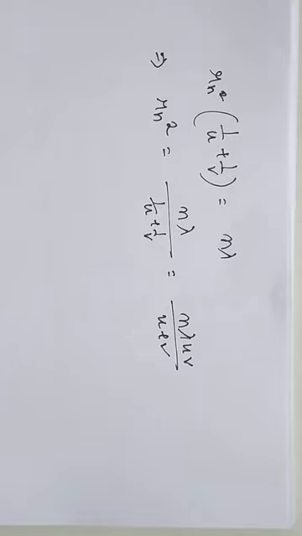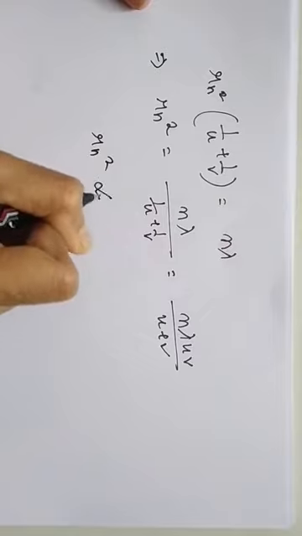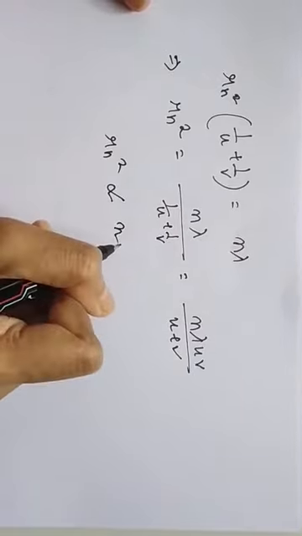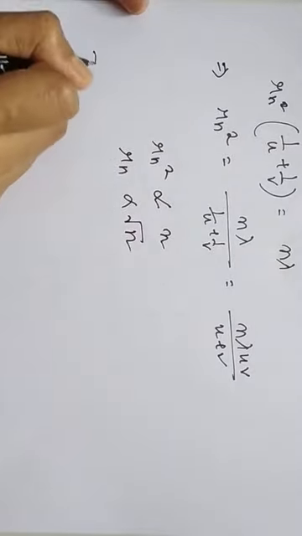Since u, v and lambda are constant for a given light, for a fixed object and fixed image, that is a fixed source, rn square is proportional to n. That is, rn is proportional to root over n.